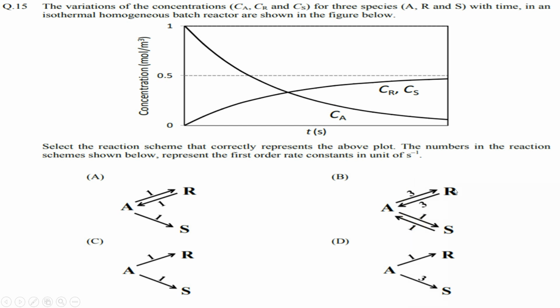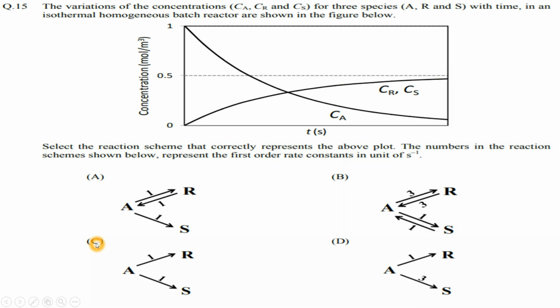So the concentration of R will be higher as compared to this, right? So again, you can see here the CR curve will be above the CS curve. It cannot be the same as CR and CS. It cannot be the same, right?